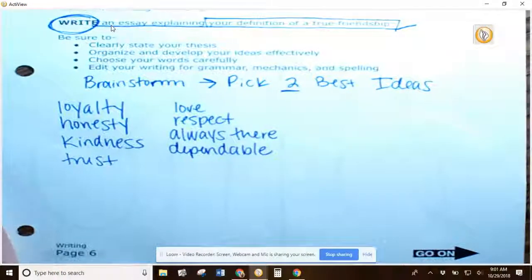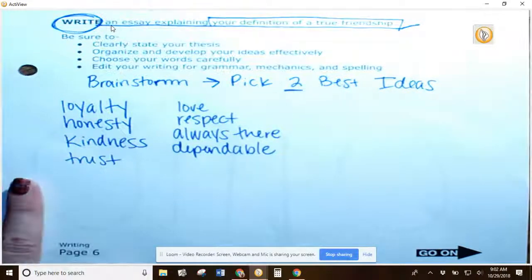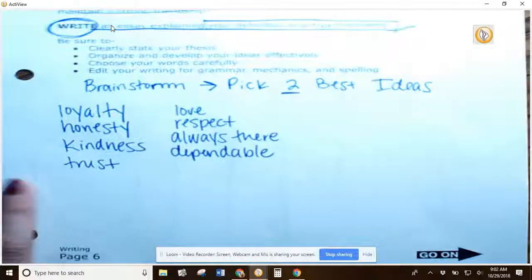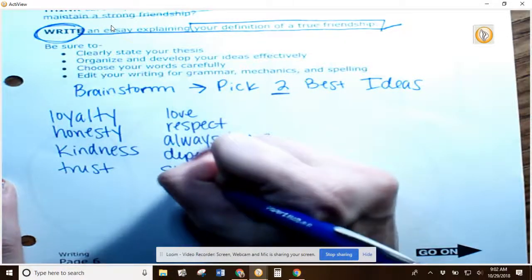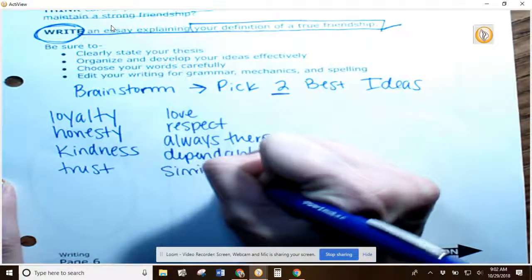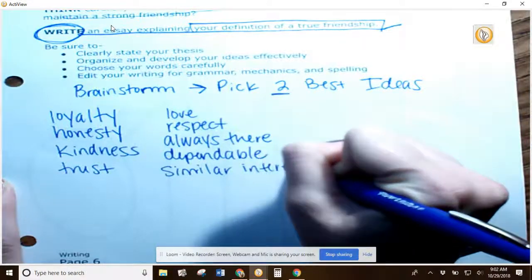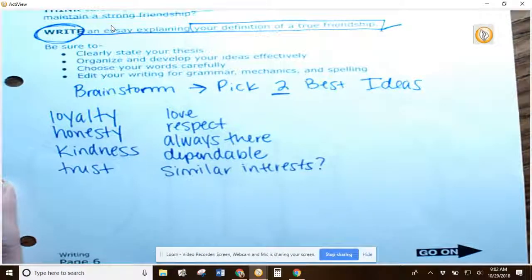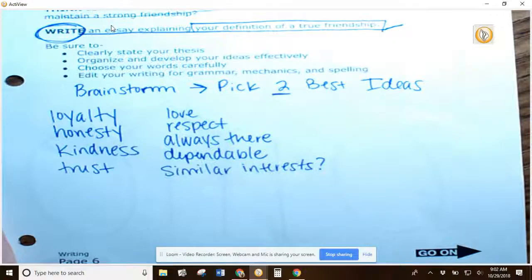What else? Do you want somebody who has similar interests, or does it matter? I feel like it matters. No? Okay. I was going to say I feel like it matters. What else? What are some other things you look for in a true friendship, or you think a true friendship should have?